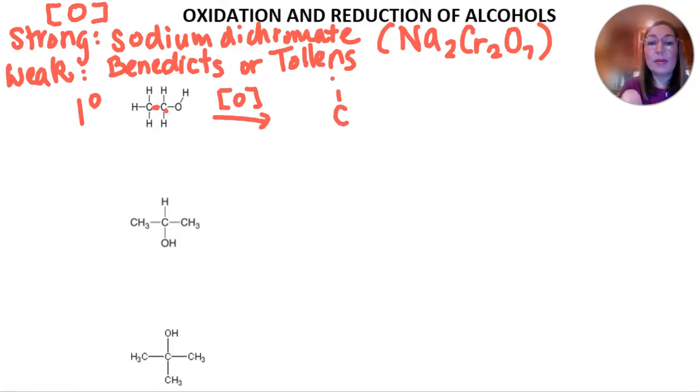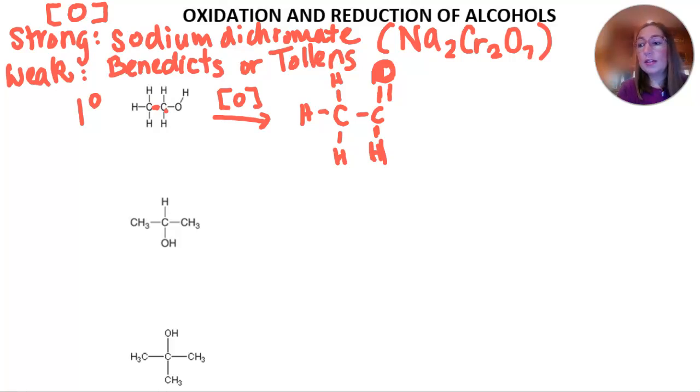We're going to end up with, like I said, more bonds to oxygen. So we're going to copy the carbon chain. That's an important part of writing the products of oxidation, that nothing happens to the carbon chain. So we're going to copy the CH3 and the CH2. Oh, and then I shouldn't have copied that last hydrogen, because what we're going to end up with is an aldehyde. So I'll just need to change it. We're going to end up with C double bonded to an O with an H at the end.